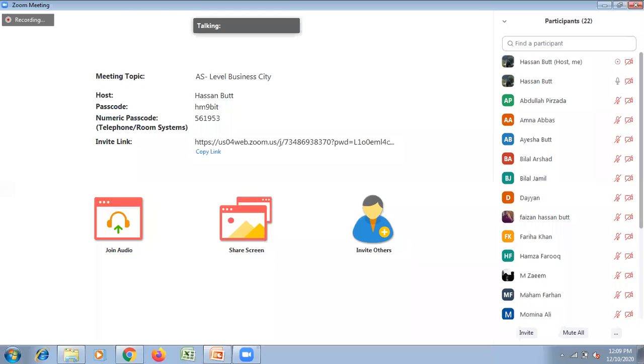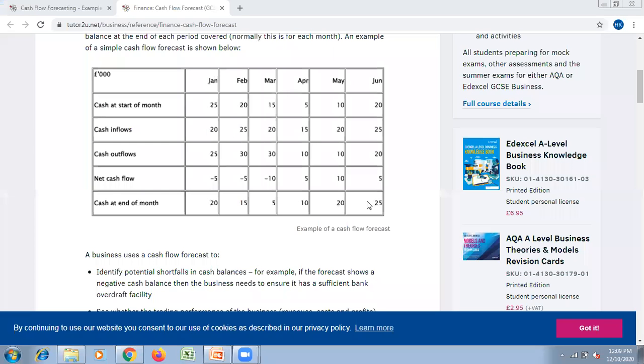I think you are not able to see it. Okay, just a minute. Now you are able to see it, right?